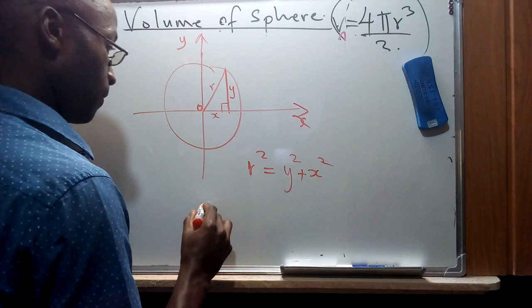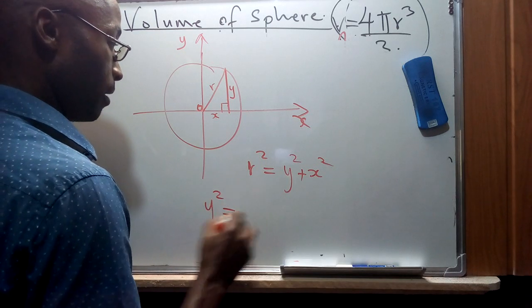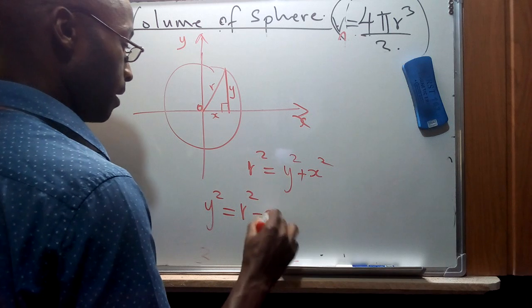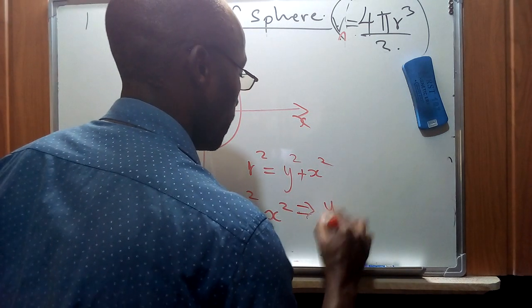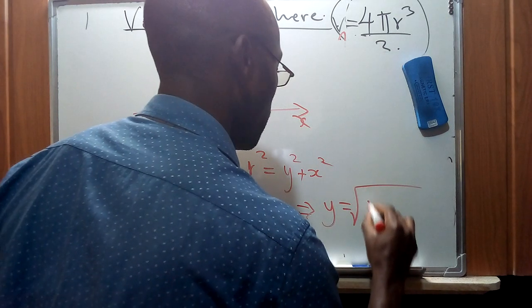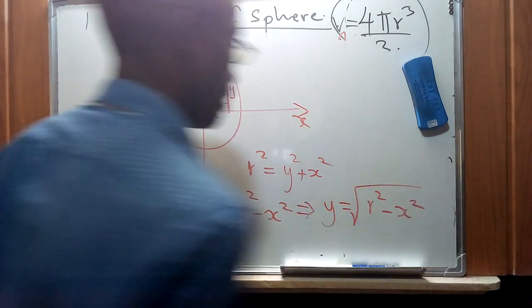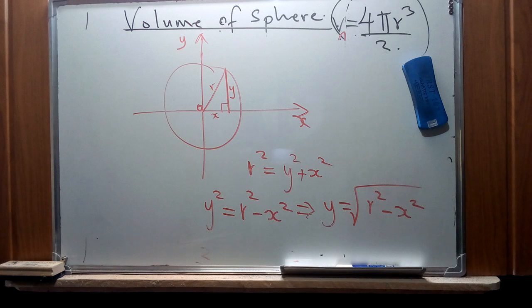Therefore, we can give y squared as r squared minus x squared. So that is the equation for two-dimensional space for that particular circle. Of course, we can simplify it and say y equals the root of r squared minus x squared, to represent a function which gives that curve which is represented as a circle.